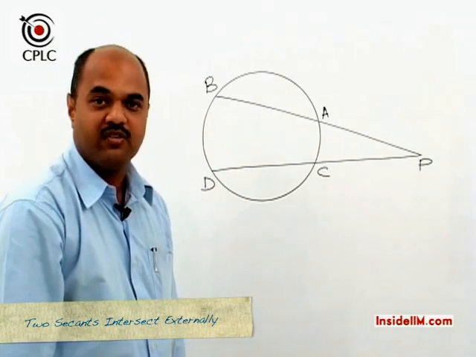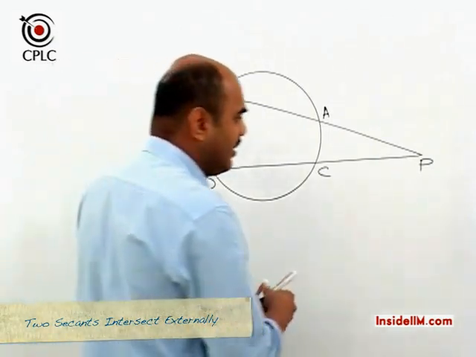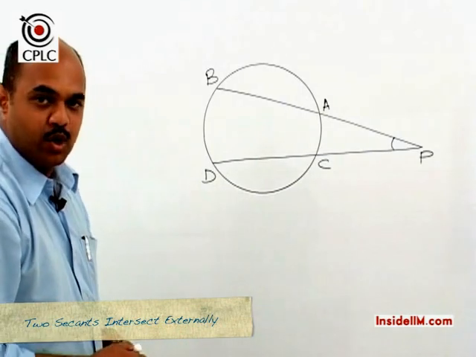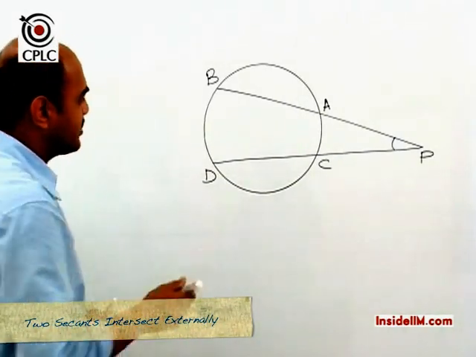One is in terms of the lengths and the other is in terms of the angle at this point of intersection. Let's first look at a property associated with the lengths.